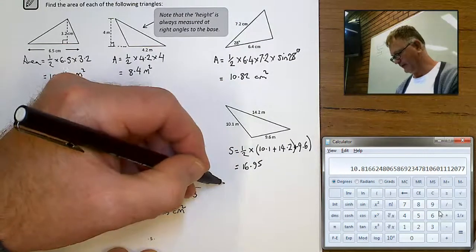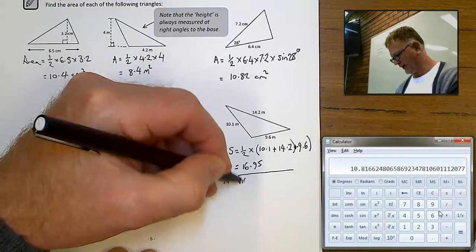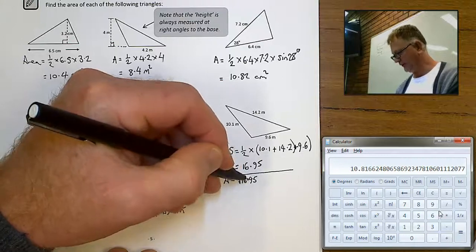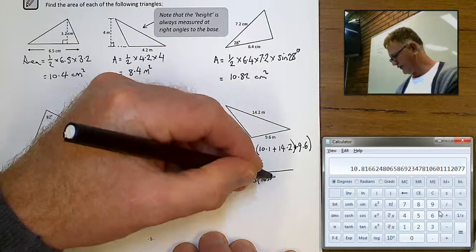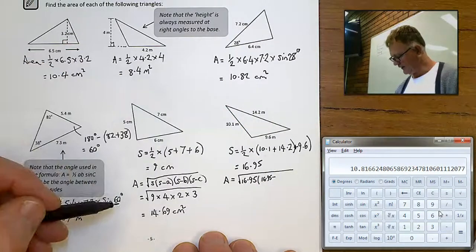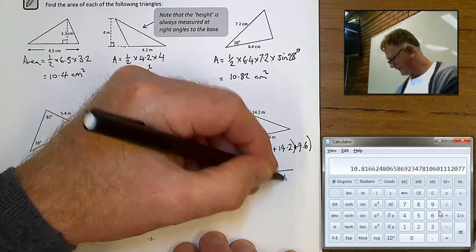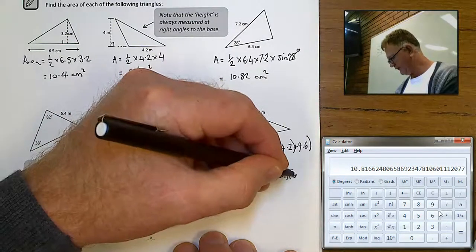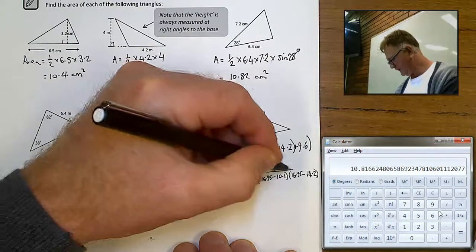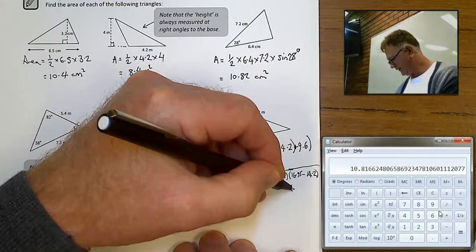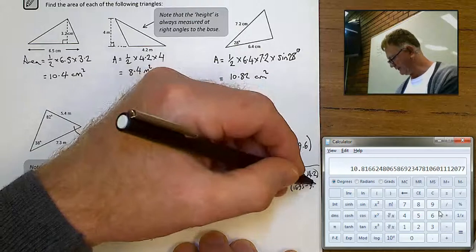Now to work out the area, we've got our Heron's Formula. That number there, half perimeter, semi-perimeter, 16.95 times, and it'll be 16.95 minus our first side, 10.1, 16.95 minus 14.2, very ugly setting out, 16.95 minus the third side, 9.6.